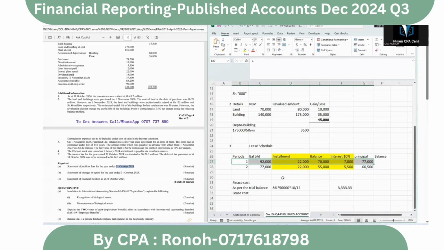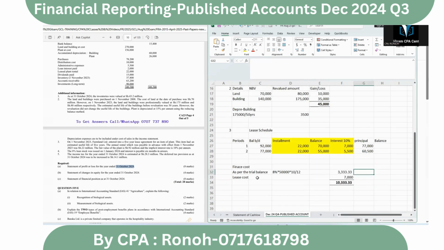You cannot account expenses for more than 2 financial periods. So our interest here is 7,000. So we got a 7,000 interest here, which if I add the 2, I can get my total finance cost, which I will take to my P&L.